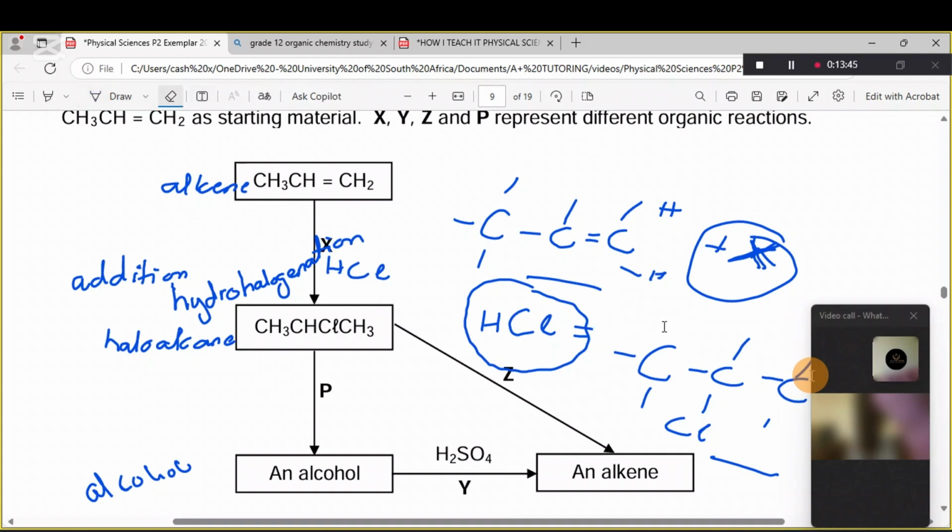So we now draw the very same haloalkane we have, but because it now doesn't have the Cl anymore, because remember an alcohol doesn't have a Cl, in place of Cl, I'm putting OH. So what conditions do I need for me to end up with something like this? What reaction could it possibly be that I end up getting an OH?